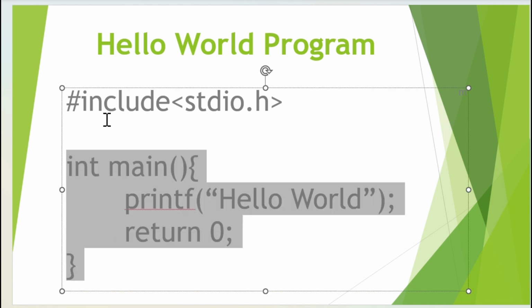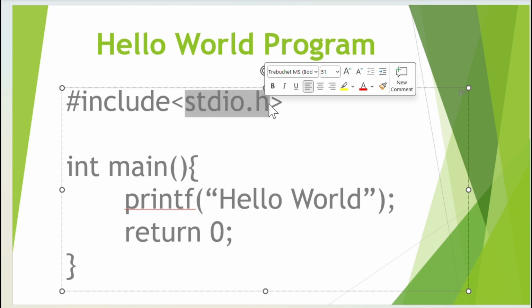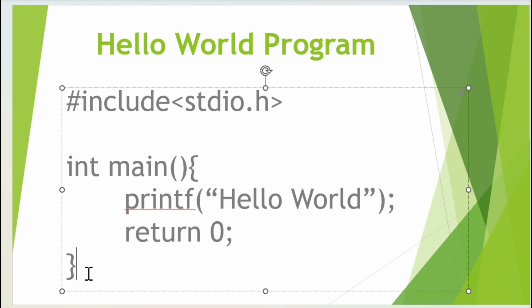Before this main, we have to include a certain file called stdio.h as a header file. That's why we write hash include, and in the angular brackets we write stdio.h. This is a library file which will tell the compiler what to do when it sees printf. We also have many other library files, like conio.h and others.